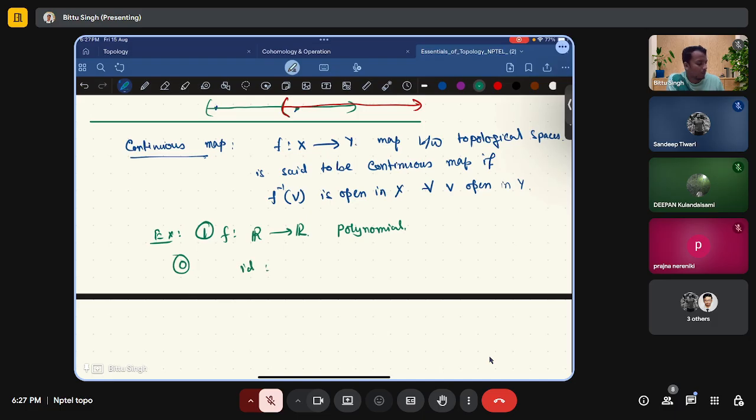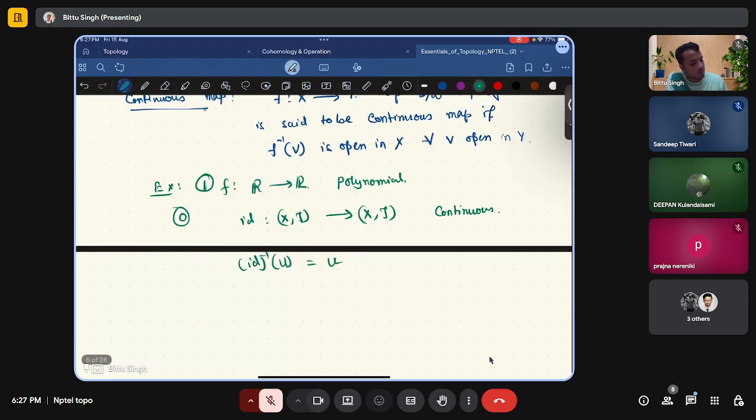The identity map from X with a topology to X with the same topology is continuous. Can you see why? Because the inverse of some open U under identity is the same U, so the inverse image of an open set is open.